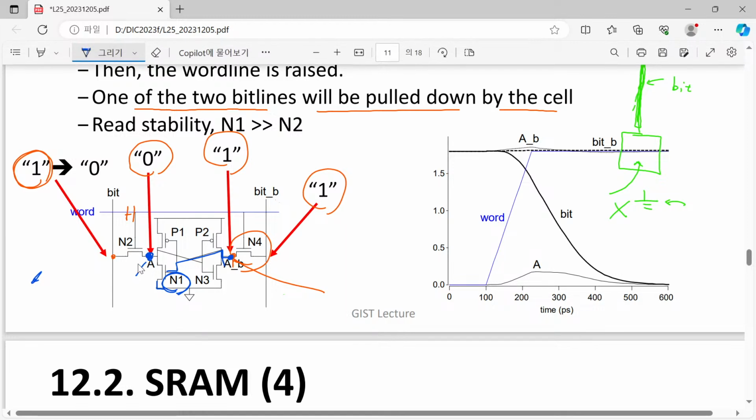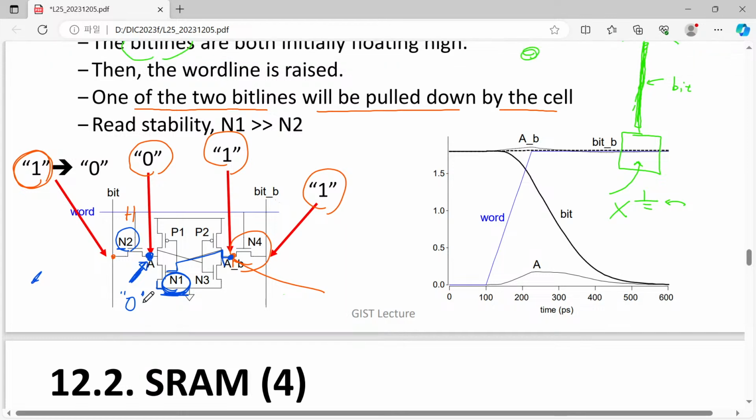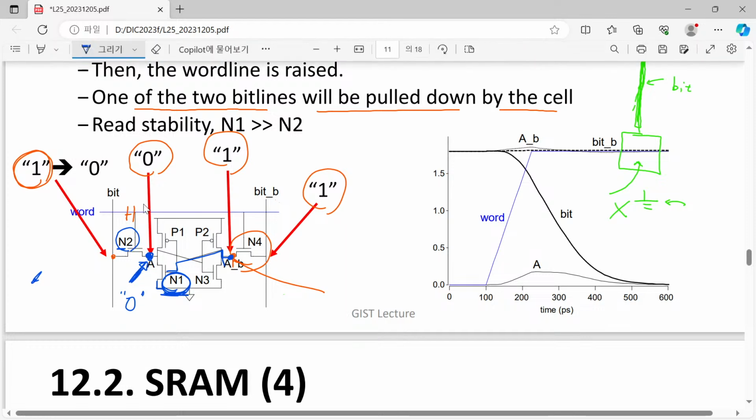Now these two transistors are fighting each other to determine the value of A. If N1 is much stronger than N2, then of course A will be kept as 0. However, in the case of comparable N1 and N2, what will happen?